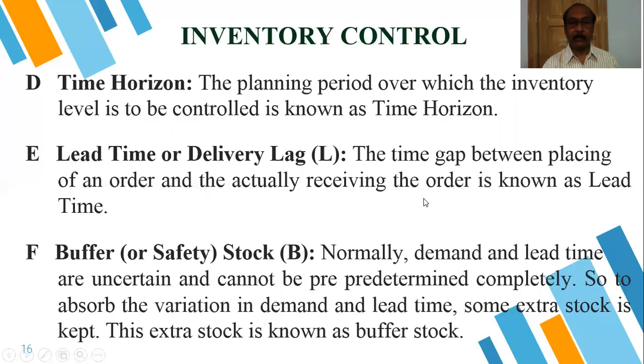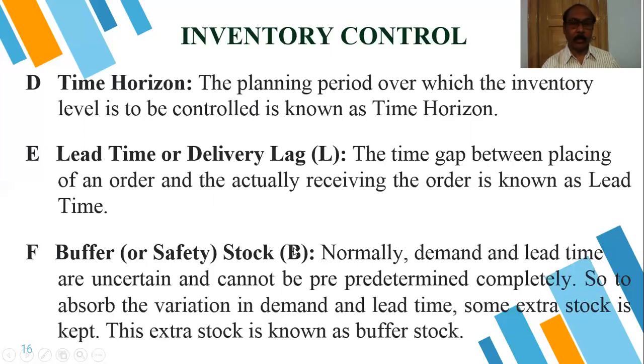It may sometimes be more, but before that the supplier supplies it. Suppose I place the order on the 20th and receive the material on the 30th. That time difference is called the lead time. The time gap between placing the order and actually receiving the order is known as the lead time.